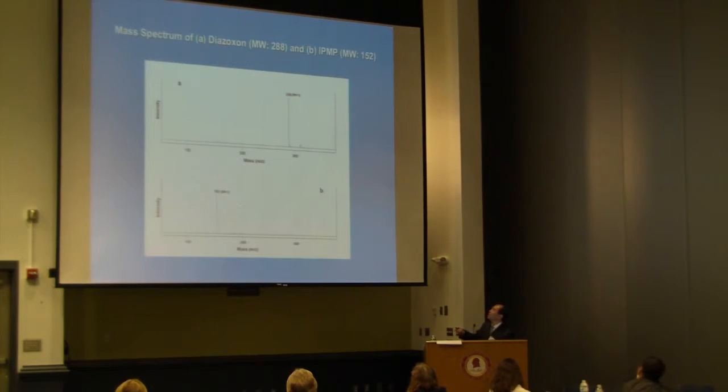You can see here 153 and 289 are the mass to charge ratios. Okay, based on this we determine their molecular weights. Right? By knowing the molecular weight, we can further identify those unknown compounds.